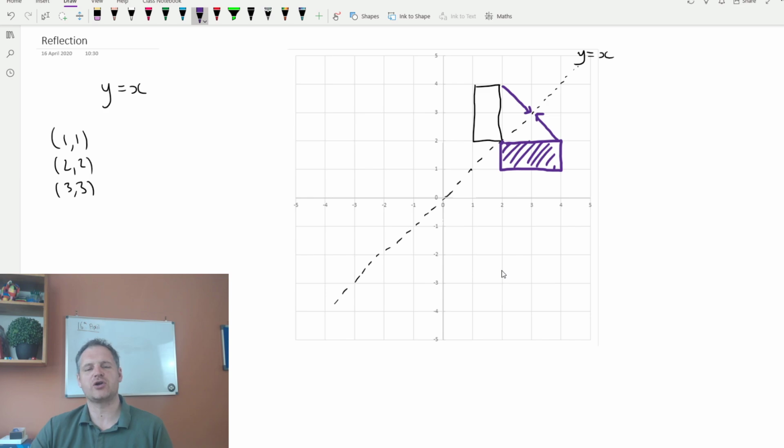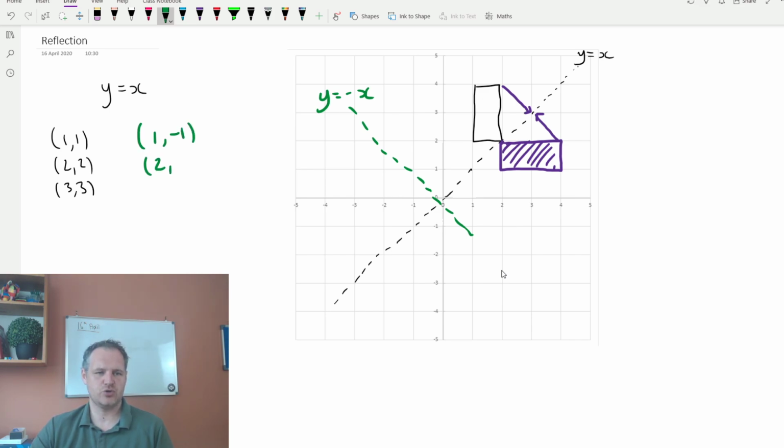This is the diagonal reflection in that line y equals x. So we're constantly looking at how we can do the different ones. This one here, if you wanted to take it this far, is called y equals minus x. This is because the line here would be 1, minus 1; 2, minus 2; 3, minus 3; and the other way around: minus 1, 1; minus 2, 2. They're all on that line. Therefore, it's called y equals minus x.